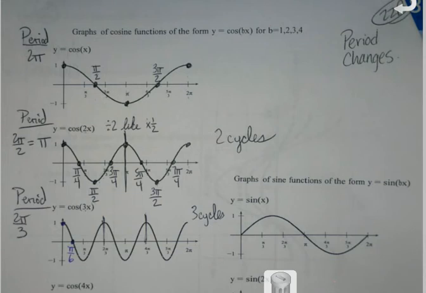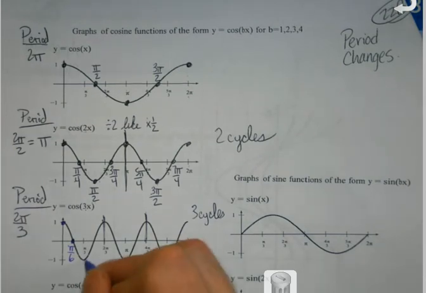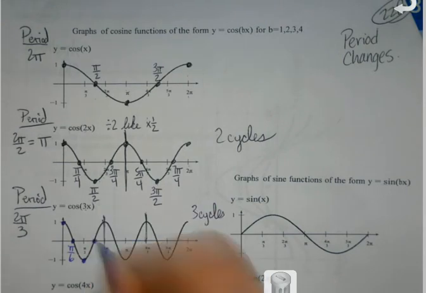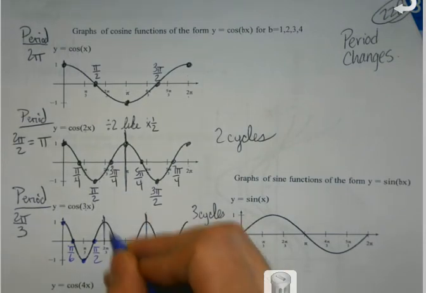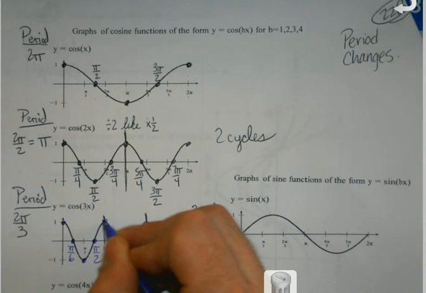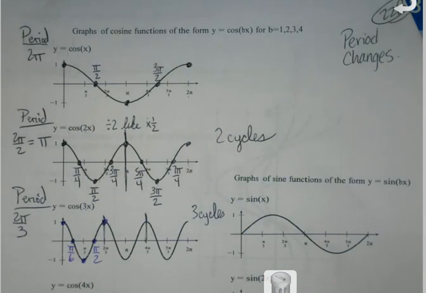So each one's going to keep going up by another pi over 6. Right. Pi over 3 is 2 pi over 6, 3 pi over 6 is pi over 2. 3 over 6 is a half. 4 pi over 6 is 2 pi over 3, and there is our complete first cycle.